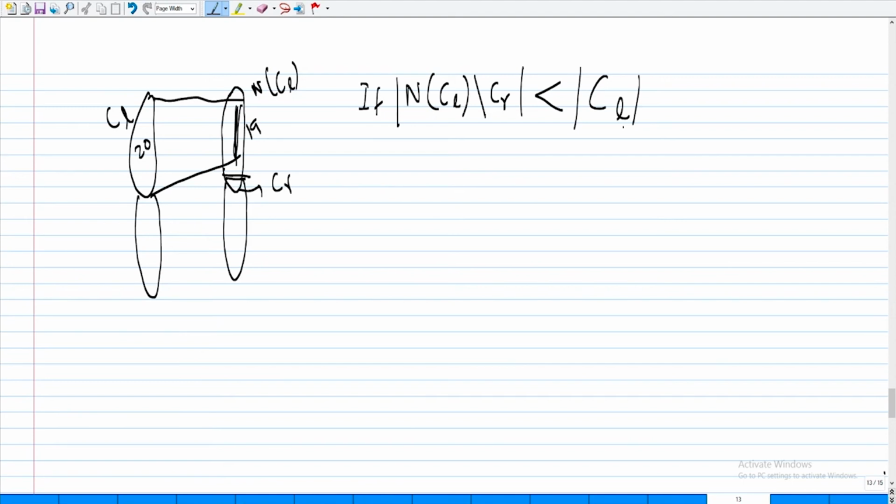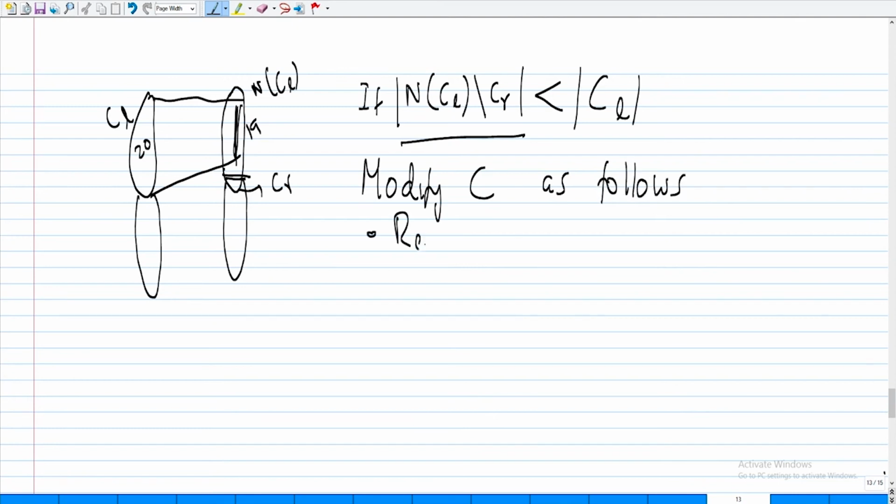Then what will I do? I will cover those edges using these vertices. Modify C as follows. Remove C_L. Add the vertices in N of C_L minus C_R.